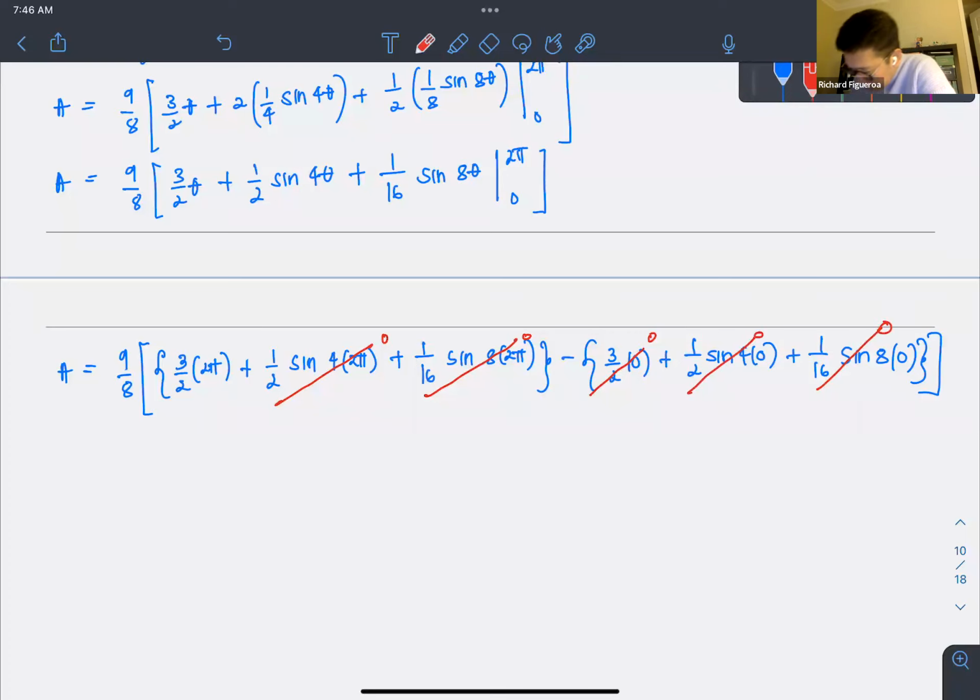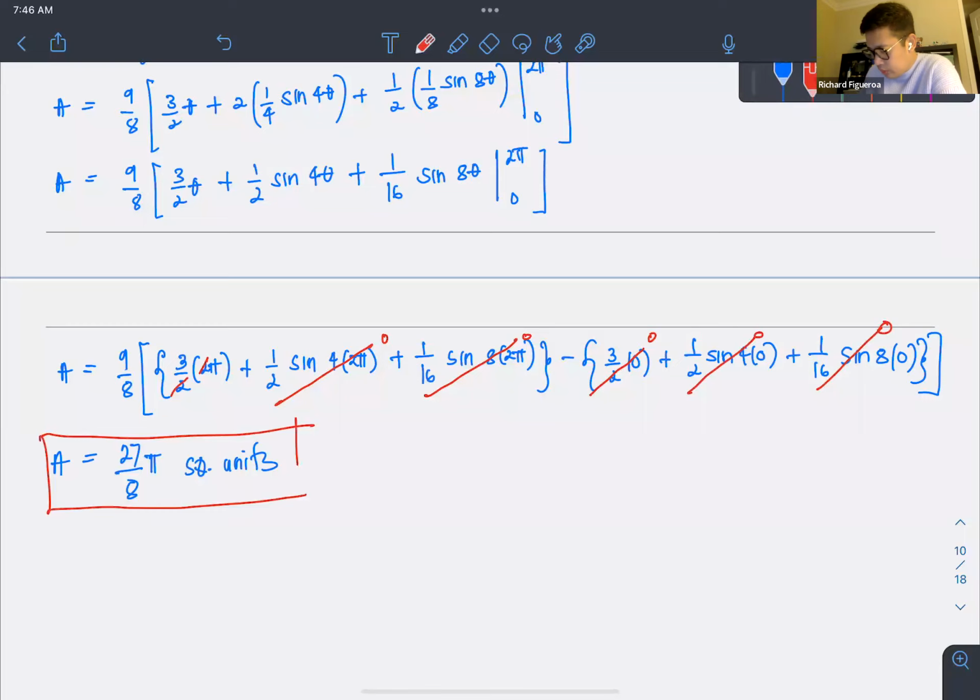So matitira lang will be this one. So we'll just have cancel yung 2. So matira would be 9 times 3 will have 27 over 8 pi square units.